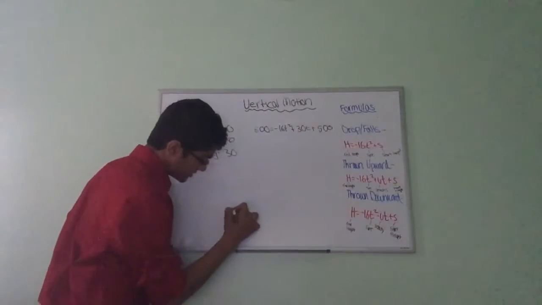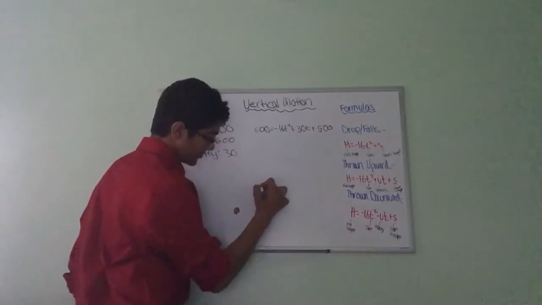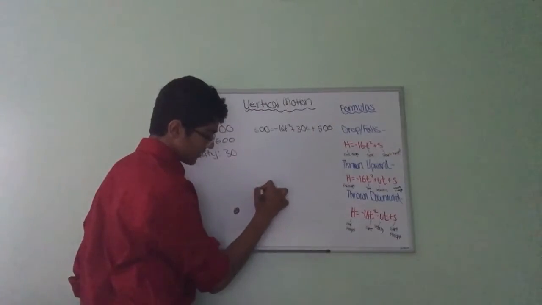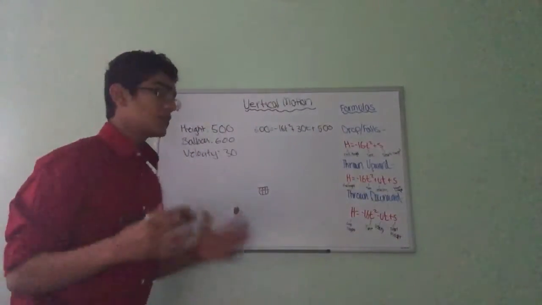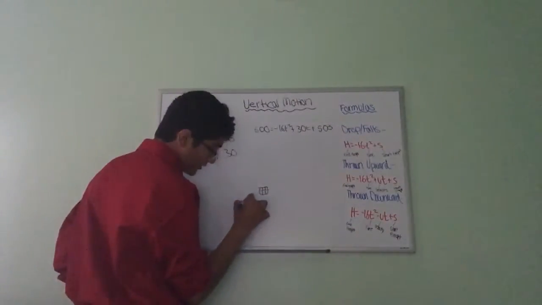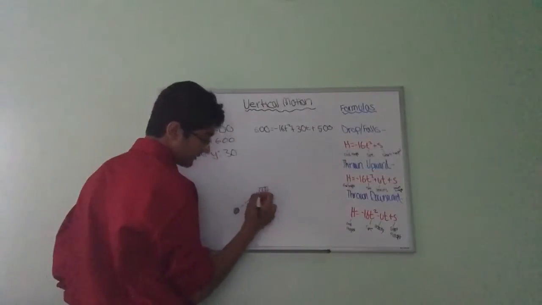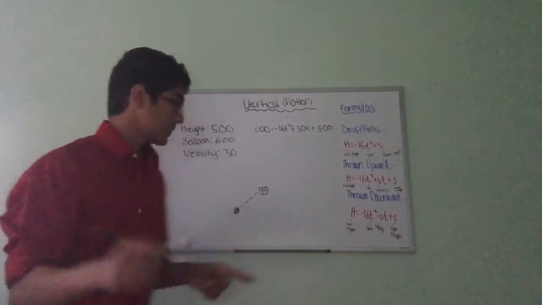Suppose the tree is over here and the air balloon is over here. If you get two positive answers, the smaller number is if the ball directly hit the air balloon.